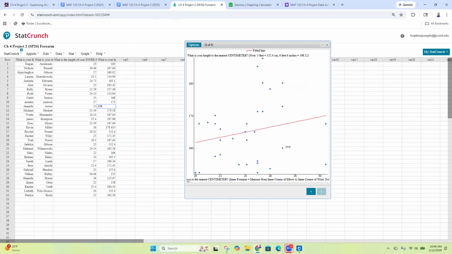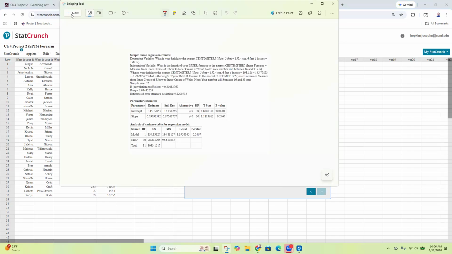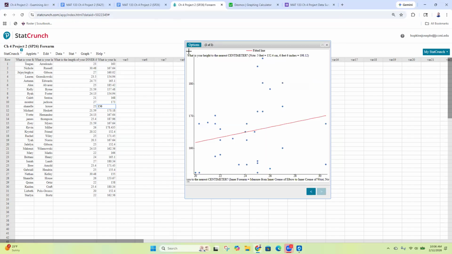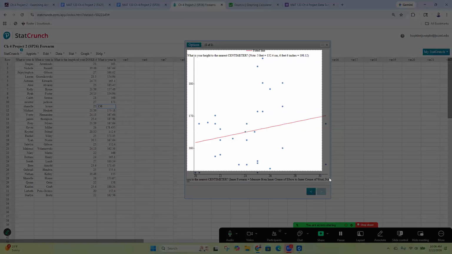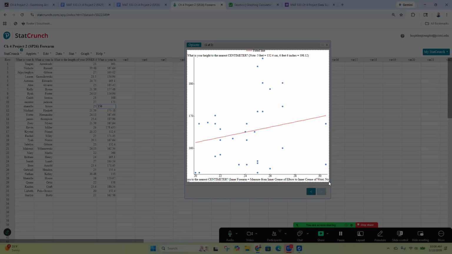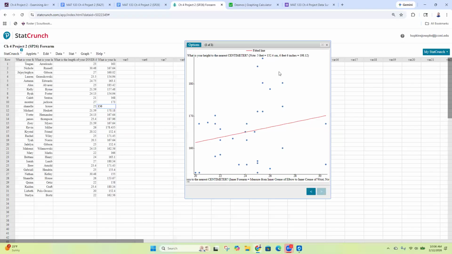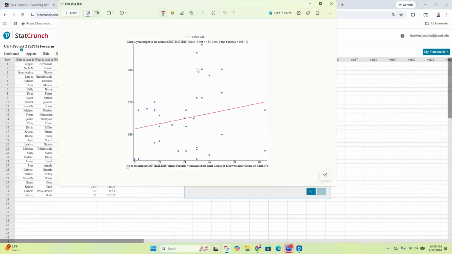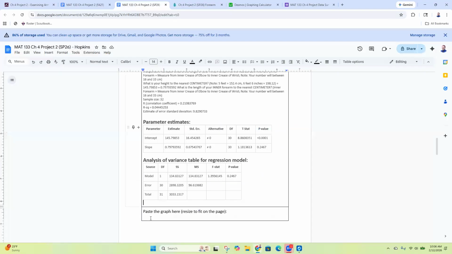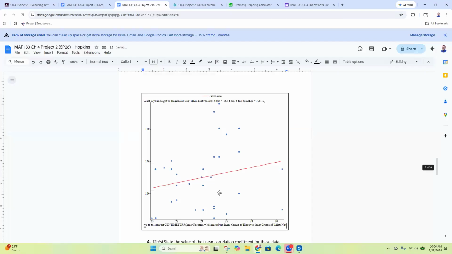If you didn't, you're going to have a negative slope, which I'm not going to mark you off for, but it's not accurate. A line going down would indicate that taller people have shorter arms. So I'm going to copy this into the second box for part 3. There we go.